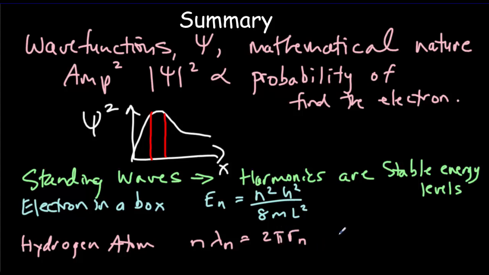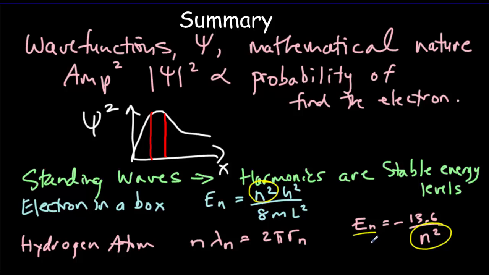And in fact, if you work that out in detail, you can find that equation that the energy levels of a hydrogen atom will equal negative 13.6 electron volts divided by n squared. But realize here that for the hydrogen atom, the energy levels go as 1 over n squared, whereas for the electron in a box, the energy levels go as n squared.